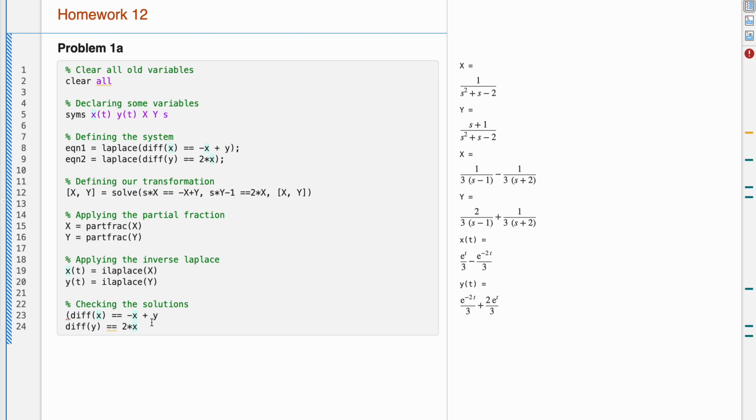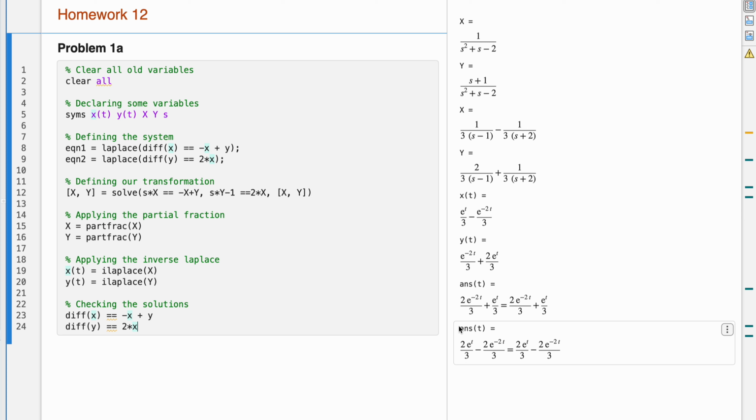And we're going to get a different output here because now the x and y are defined. See? It knows what it is. So it can actually take the derivative of it. So we can take the derivative and press Control Enter to see if we get the same thing on the left and on the right, which we do in both cases. So we know that these are indeed solutions.